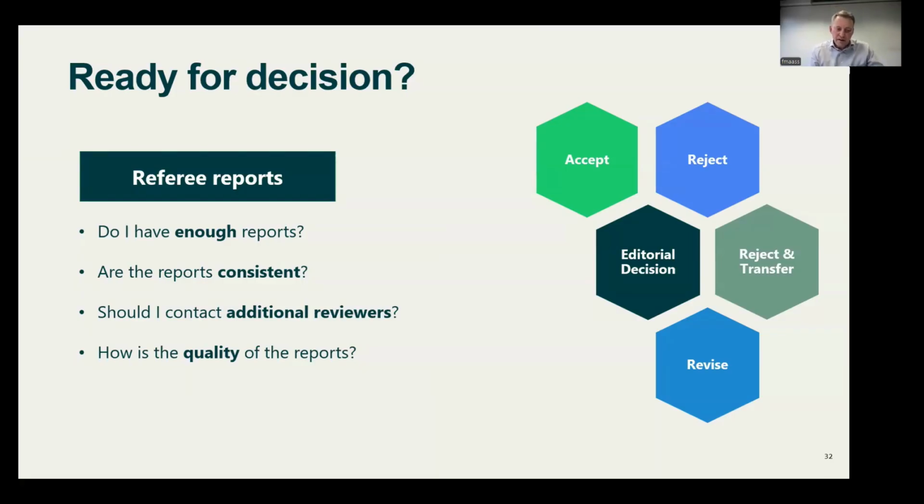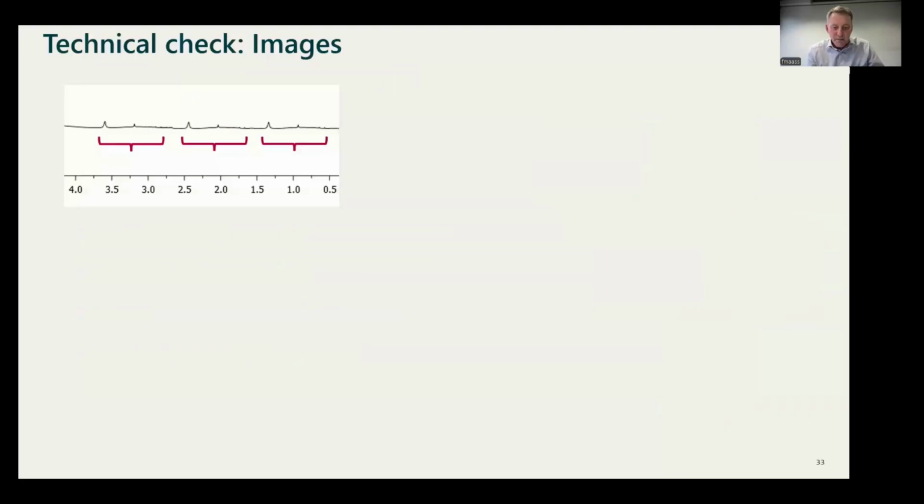Before the article gets finally accepted, we perform an image check for possible image manipulation, such as duplication. When you look at this spectrum, it seems that part of the spectrum were cut out and stitched together.